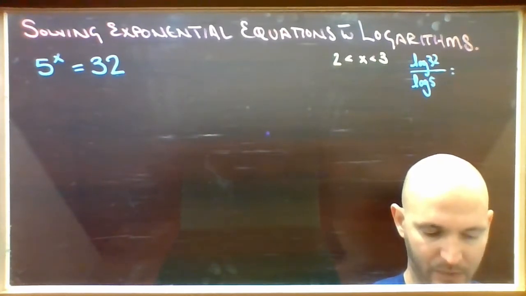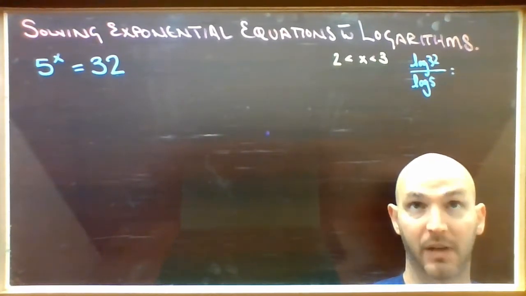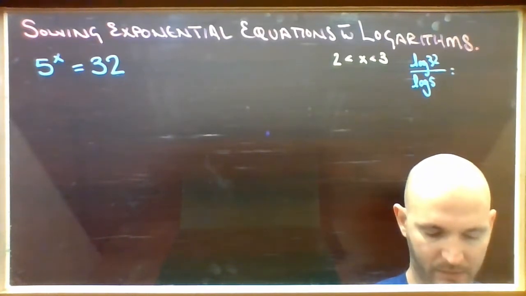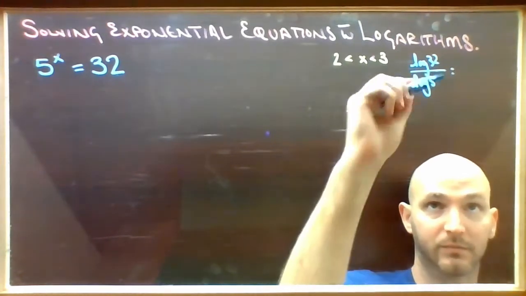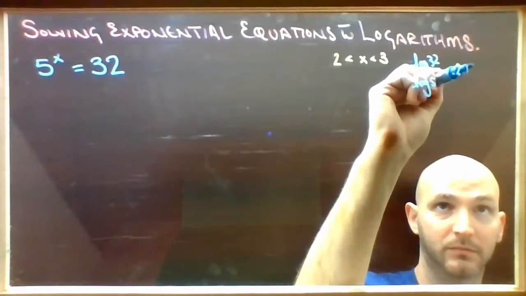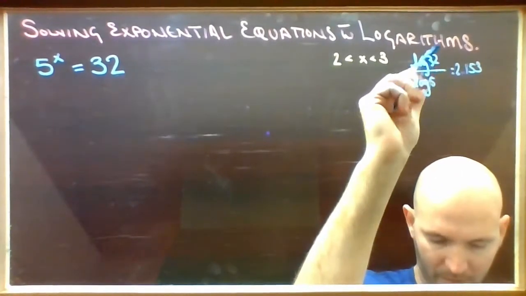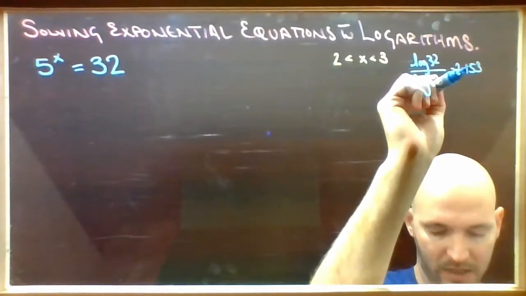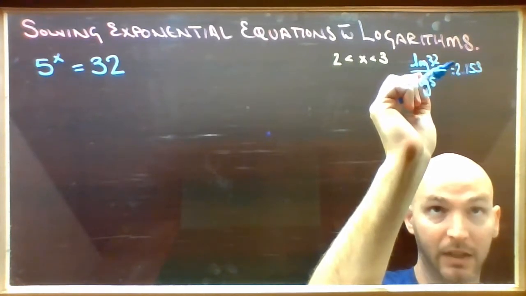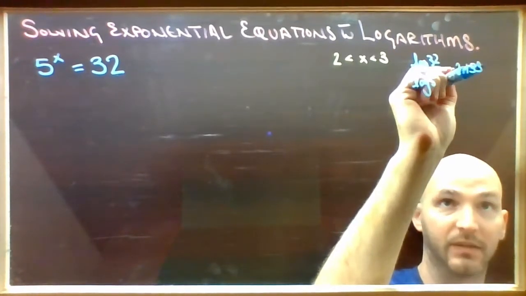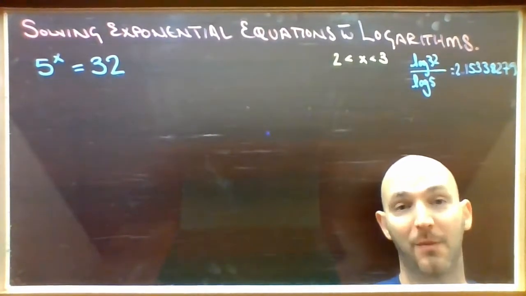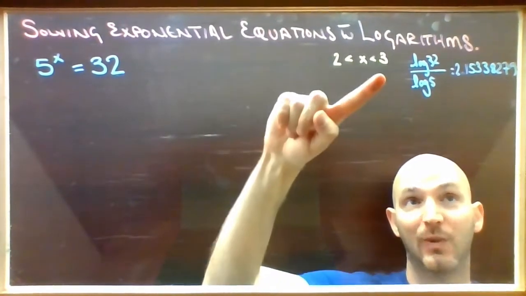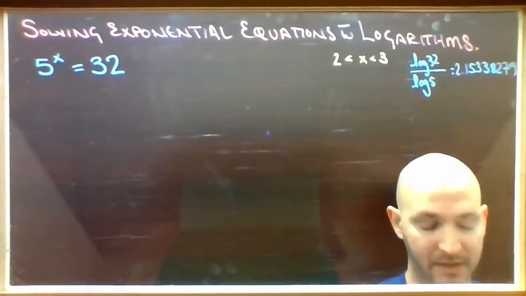Log 32 divided by log of 5 equals 2.15338279, which happens to be a nice number between 2 and 3, as I was expecting.